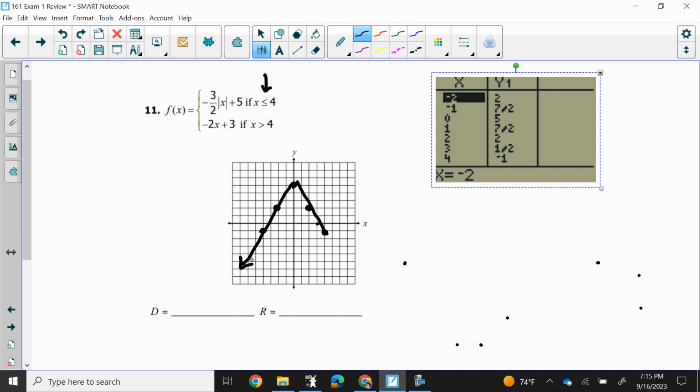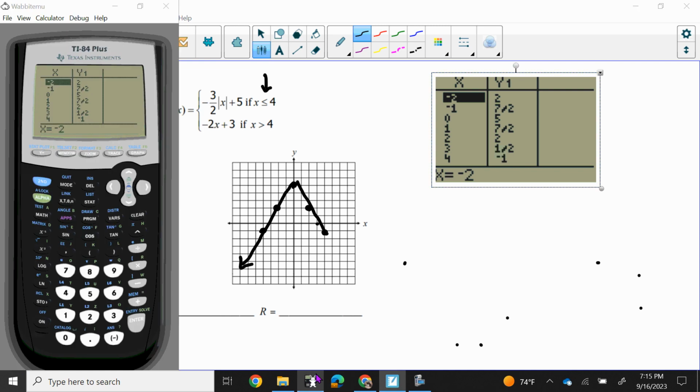Now, it's -2x plus 3 if x is greater than 4. So let me put that in my graph. So go to y equals, that's a line that has a y-intercept of 3 and a slope of -2, but we're only interested in it where x is greater than 4.